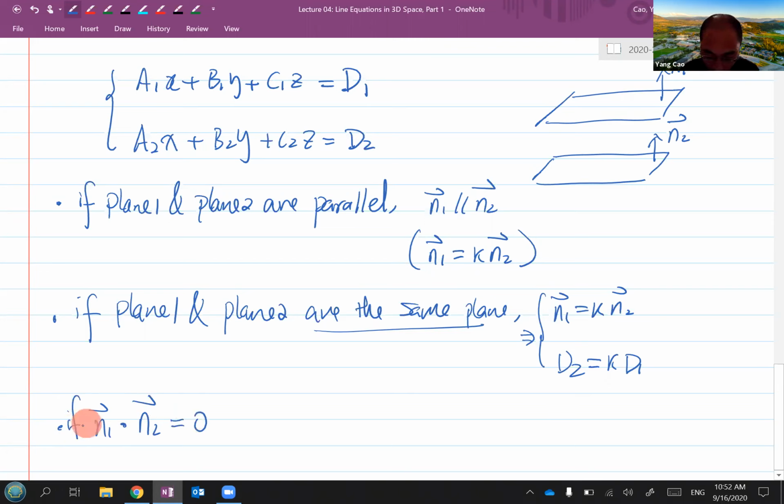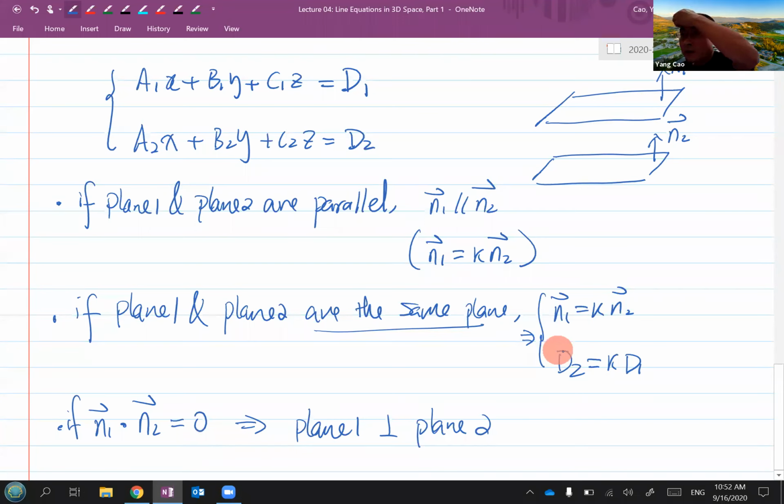If the dot product equals 0, then plane 1 is perpendicular to plane 2. If this dot product is not 0, then they are intersecting at some other general angle. So that's how you can identify it quickly, just based on the equations.